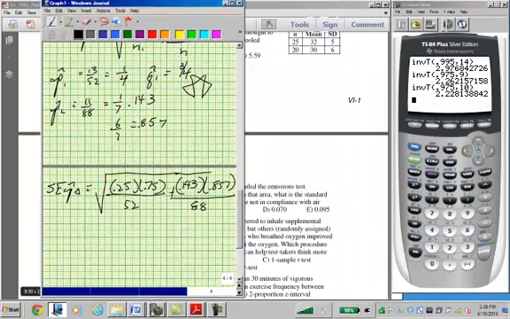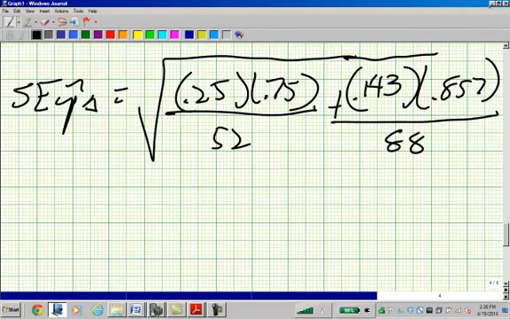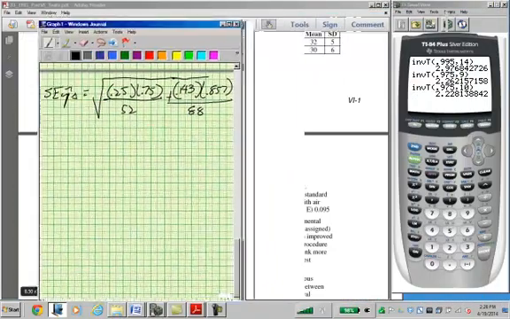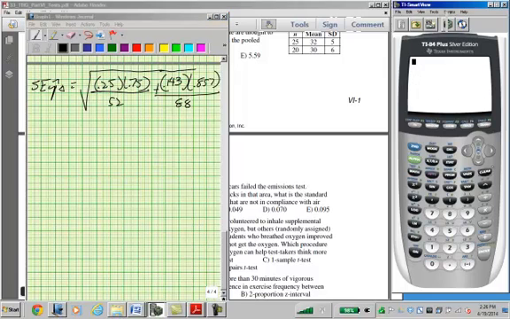Okay, now you just got to do this in a calculator. Since you're doing straight division and multiplication, and the denominator has only one term in it, you don't need parentheses.